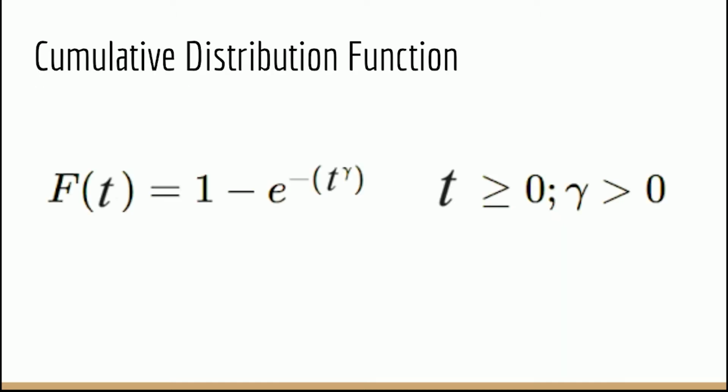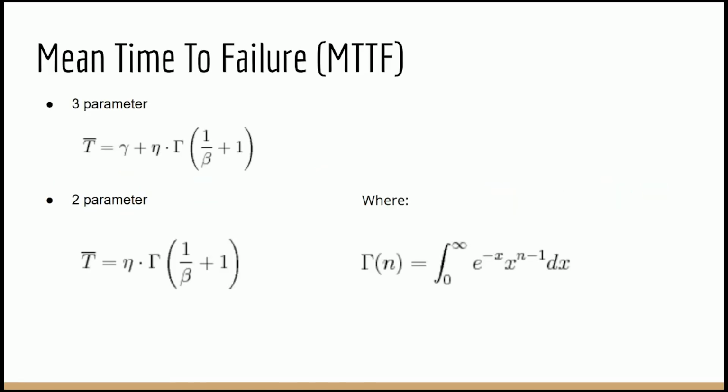And the CDF of the Weibull distribution is f of t equals 1 minus e to the negative t to the gamma power, where t is greater than or equal to 0 and gamma is greater than 0. The mean, or in the case of the Weibull distribution, the mean time to failure, is provided by the variable T-bar. T-bar can be determined for the 3-parameter or the 2-parameter Weibull PDF.